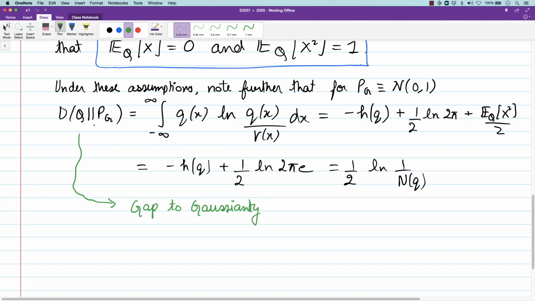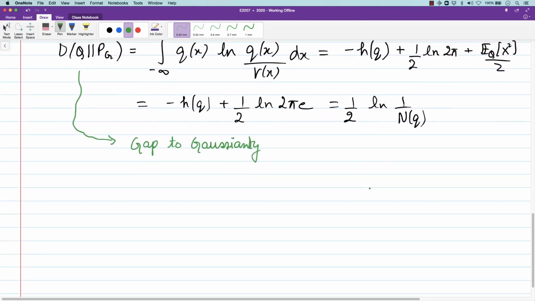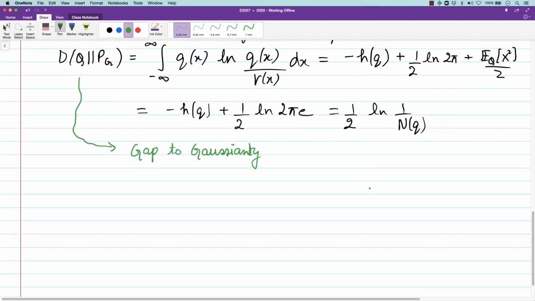We want to figure out how far it is from a Gaussian distribution with same mean and variance as Q. And one way to measure the distance is divergence between Q and PG. And this divergence is exactly what we use to define entropy power. Entropy power is 2 to the power minus 2 times this divergence. That's what entropy power is. So gap to Gaussianity is related to entropy power.